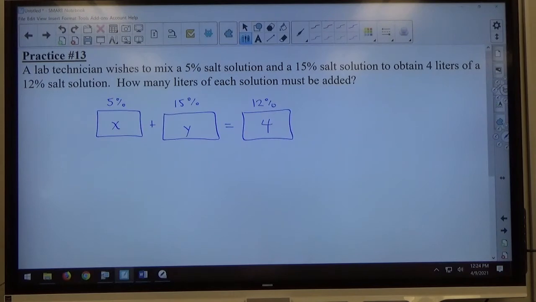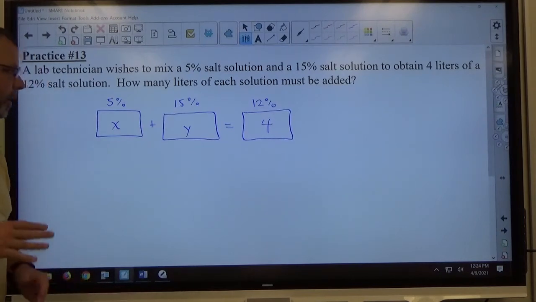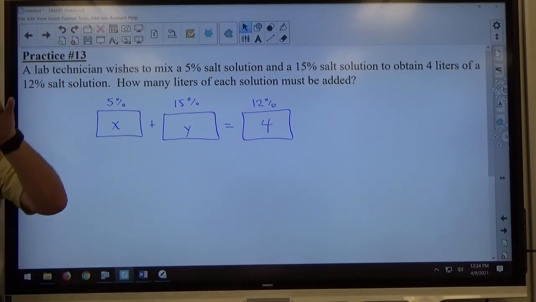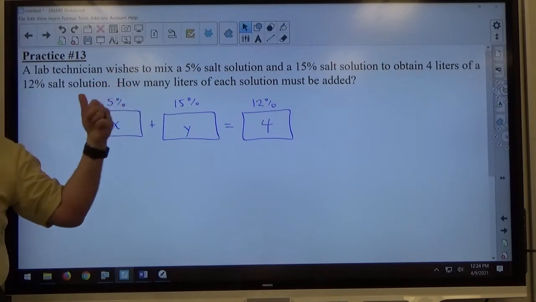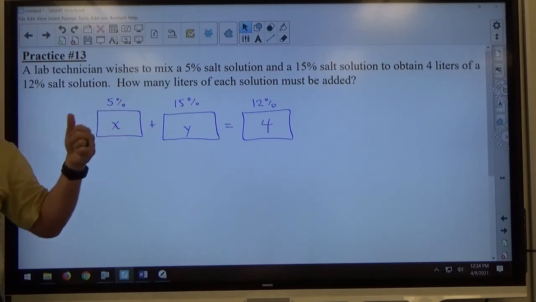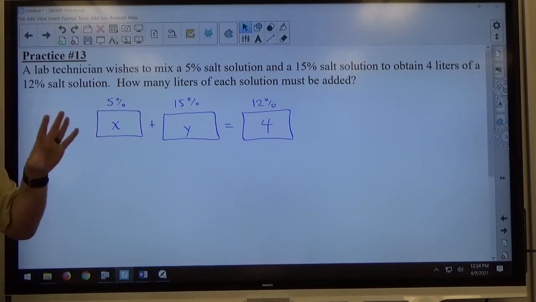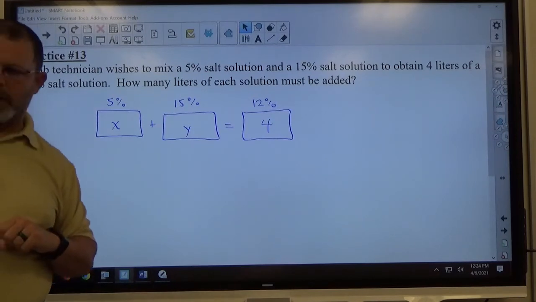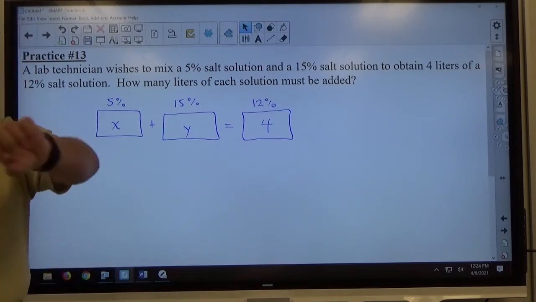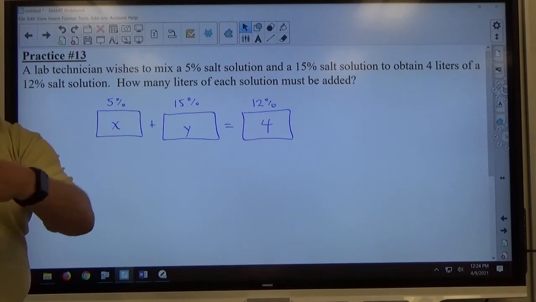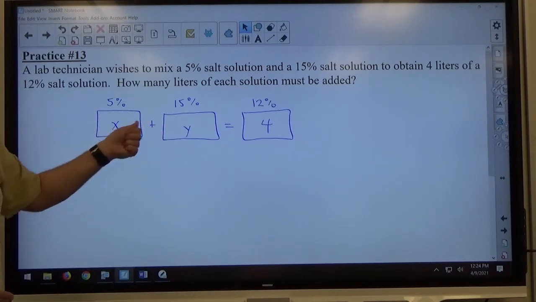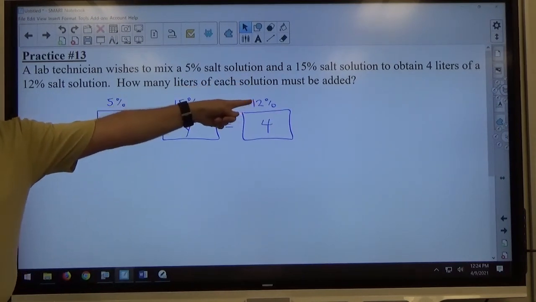Here is the property that's happening here. The percentages are all different, so that varies how much of X and Y you're going to have to use, right? But the overall physical nature of this problem: I pour X liters of one, Y liters of the other, and I end up with 4 liters. That means these 2 variables, X and Y, have to make 4.